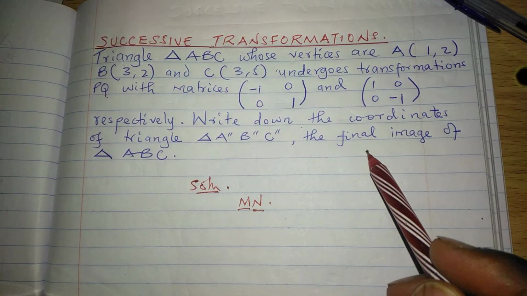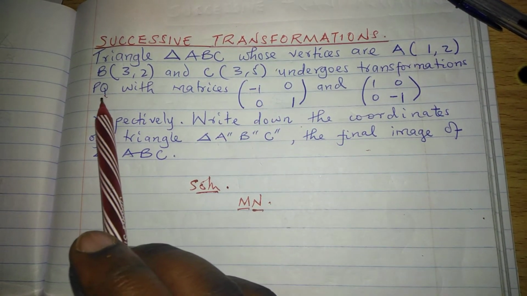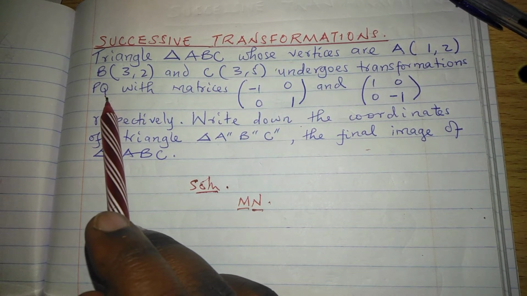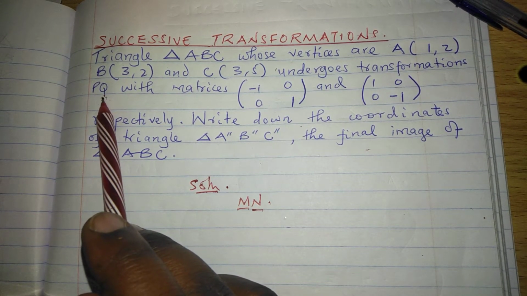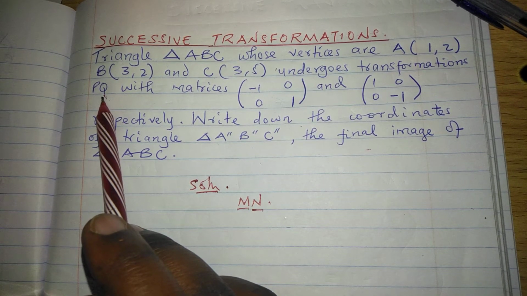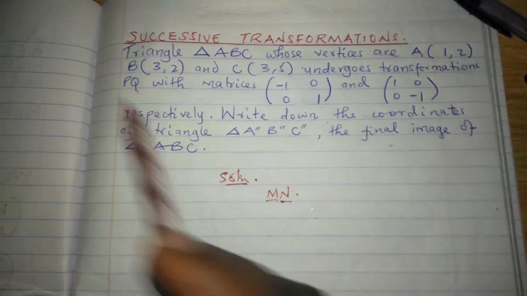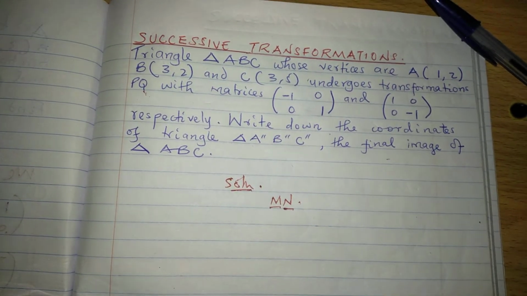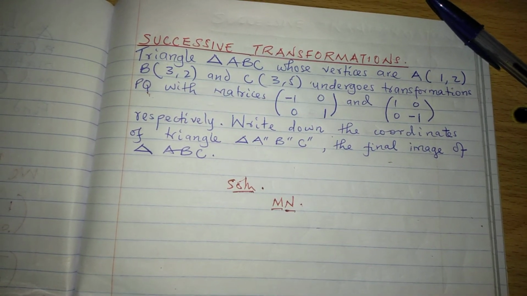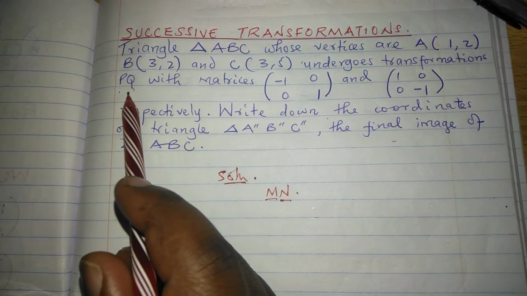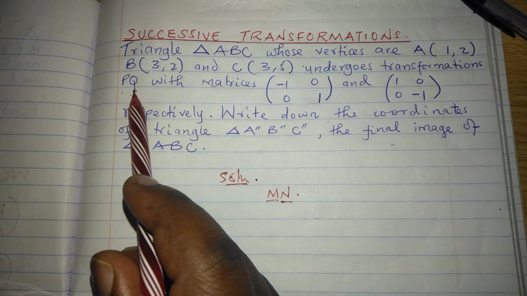This means because the triangle is undergoing transformations PQ, P is performed later, but we start with Q because it is on the right hand side. So we start with the one on the right hand side, followed by the one on the left hand side. For example, performing PQ in this order means we start with Q.